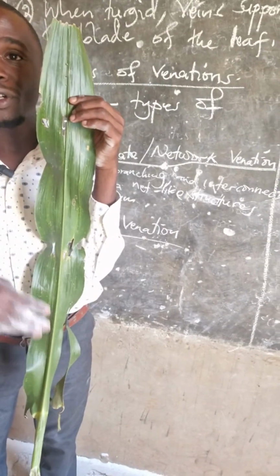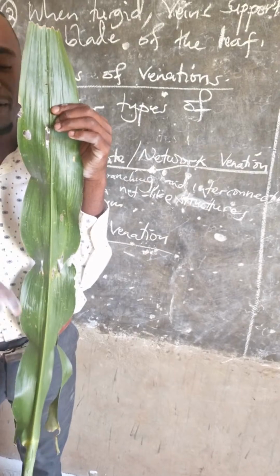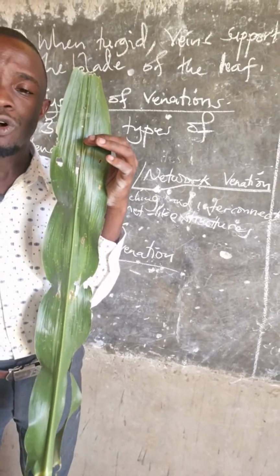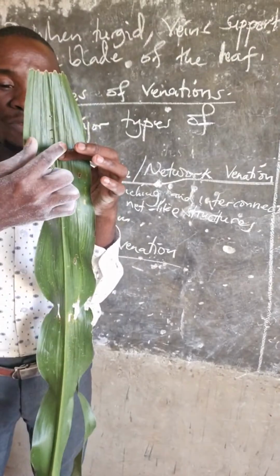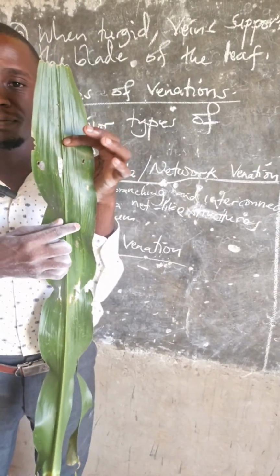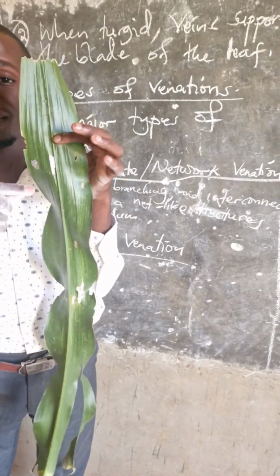This is what we call parallel leaf venation. The veins do not branch and they do not interconnect. They may meet at the tip of the leaf, but do not form any net-like structure on the blade of the leaf. They just run parallel to one another and to the main vein.